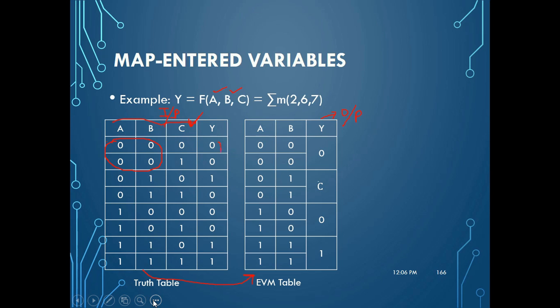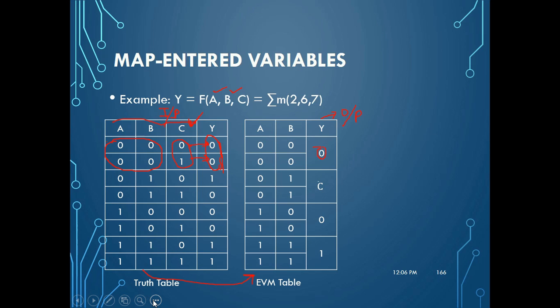You got Y also output as 0 when A is 0, B is 0. So C input may be anything, doesn't matter. C input may be anything, you get output as 0. Yes or no? So I write 0 here.